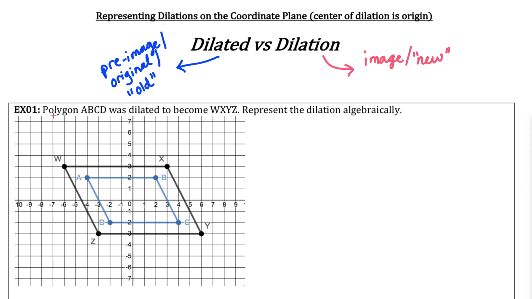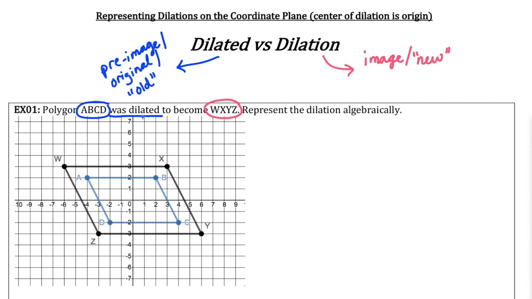So let's read this. It says polygon ABCD was dilated. Dilated means old, original, pre-image. So ABCD was dilated and it became WXYZ, which is the new one. Represent the dilation algebraically.